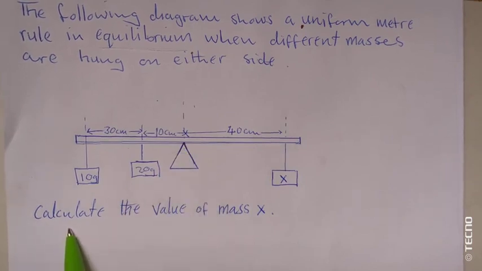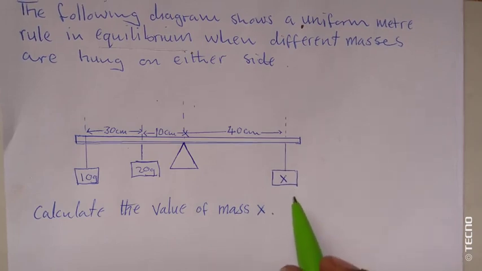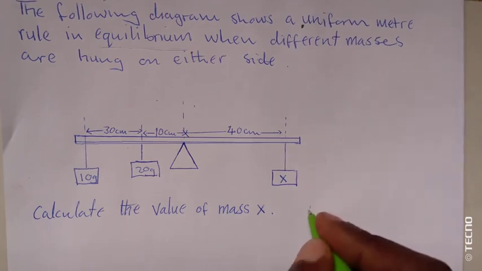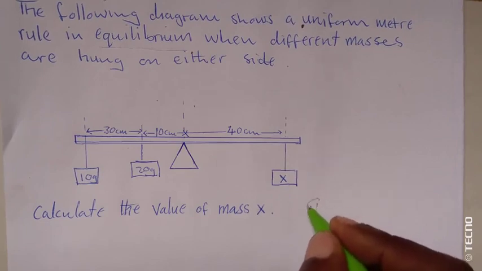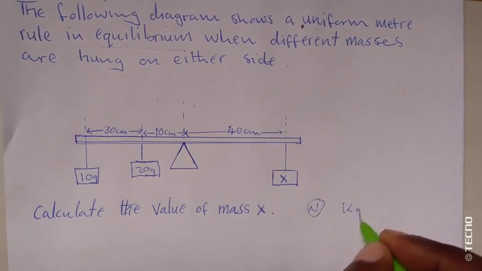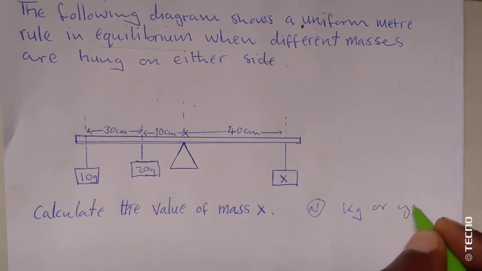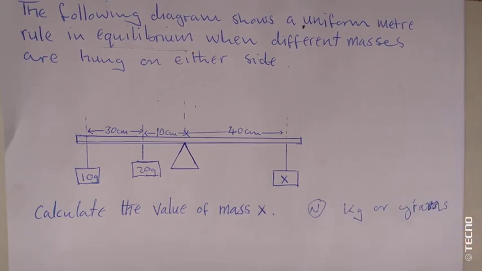Then the question is: calculate the value of x. So what we need is to calculate the mass of x. Remember, mass should not be given in Newton. Mass is measured in kilograms or grams.